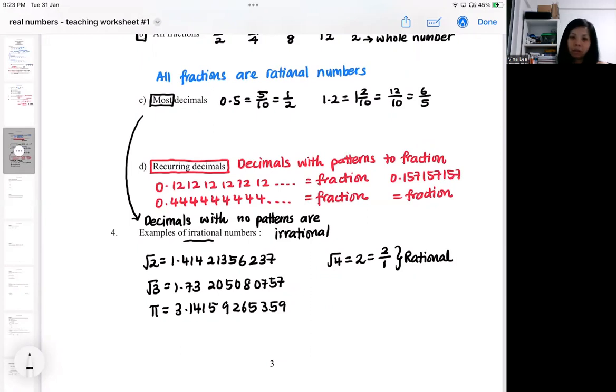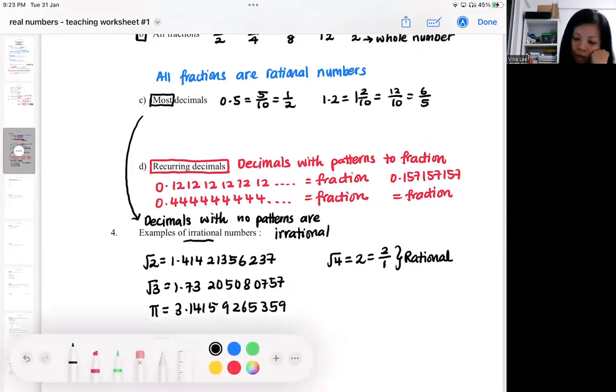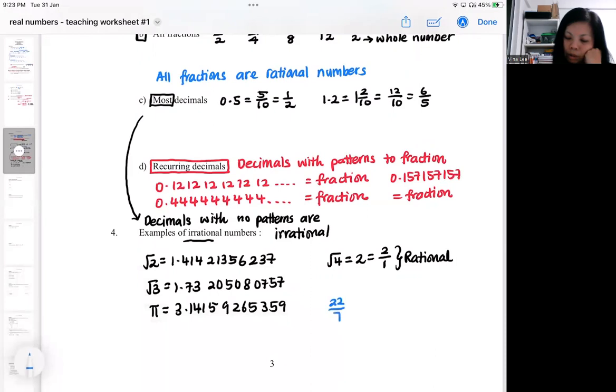Anyway, you realize that there's no pattern, so pi is irrational. In primary school, sometimes we use 22/7 as pi, but this is rational because it's a fraction. But pi is irrational because there are no patterns in the decimal.